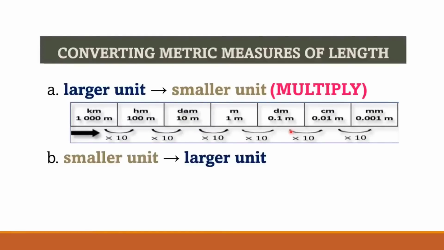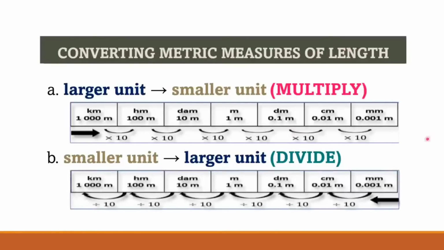On the other hand, when we are converting from a smaller unit to a larger unit, we divide. Say for example, if we are going to convert centimeter into hectometers, we are going to count the number of places. So that is 1, 2, 3, 4. So we are going to divide the value of centimeters by 10,000.